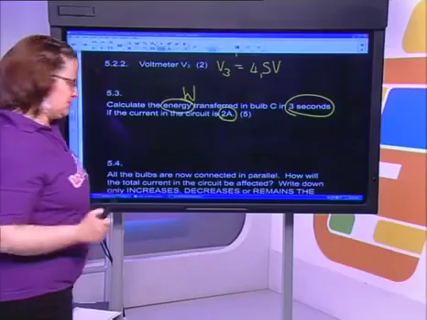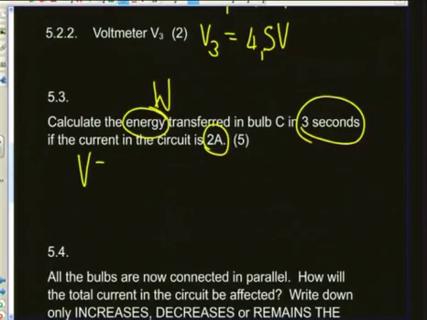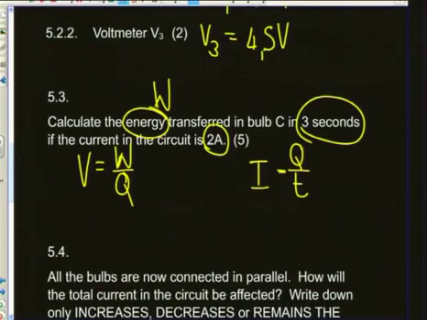You have a couple of equations. You know that V equals W over Q, and you know that I equals Q divided by time. We want W. I know V. It's 4.5. We've just worked it out. I need Q. I can work Q out because I know I and I know T. So 2 equals Q divided by 3.